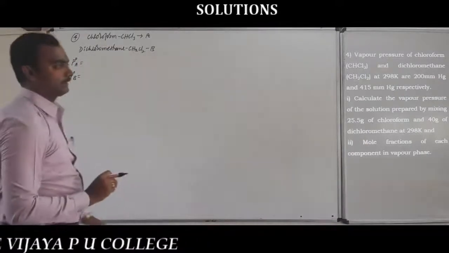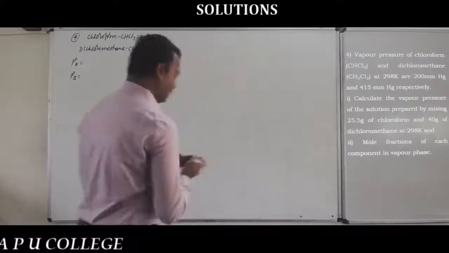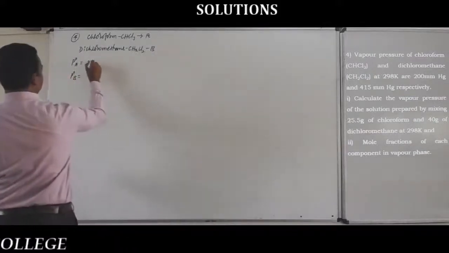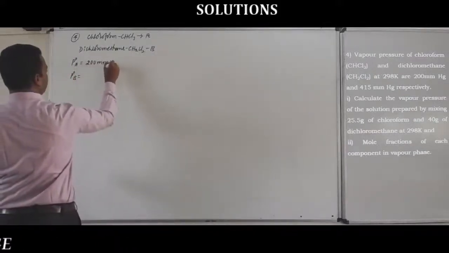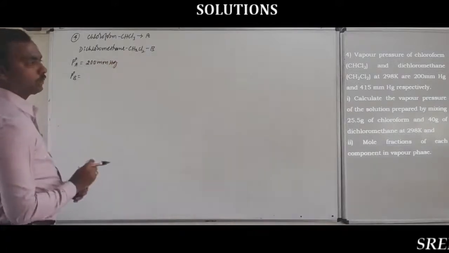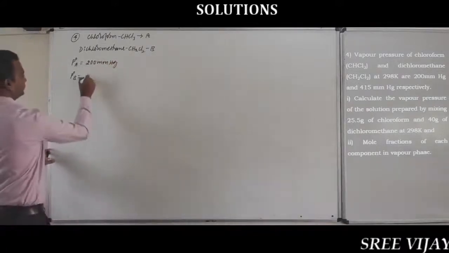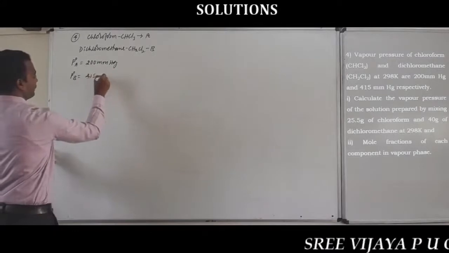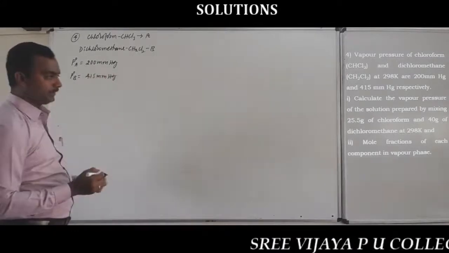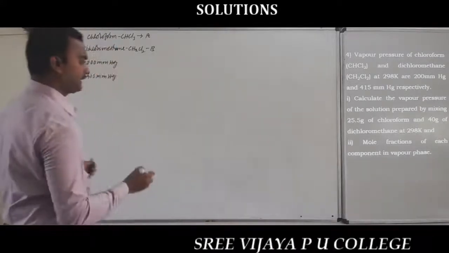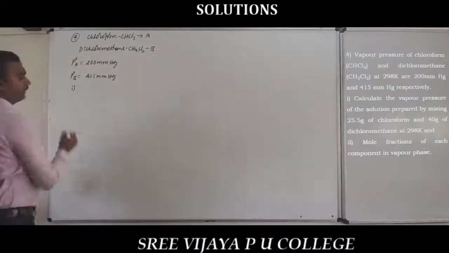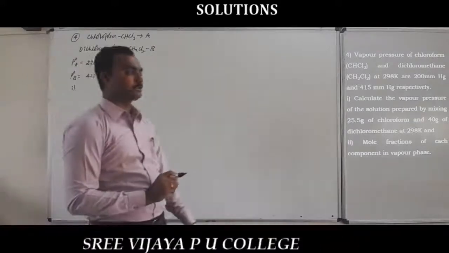P0A, A referring to chloroform, is 200 mm mercury, and P0B for dichloromethane is 415 mm mercury. So what do you have to calculate? Question 1 is to calculate the vapor pressure of the solution.